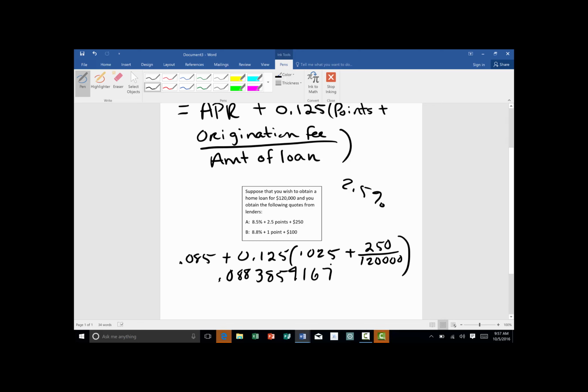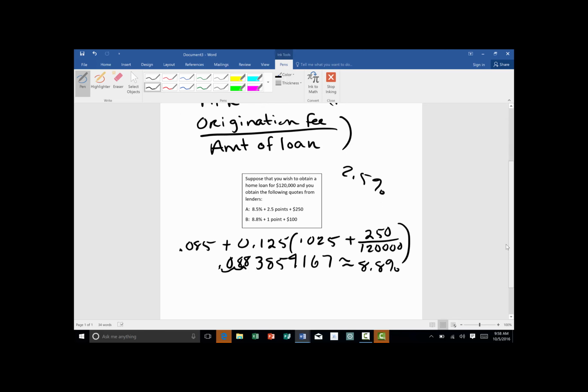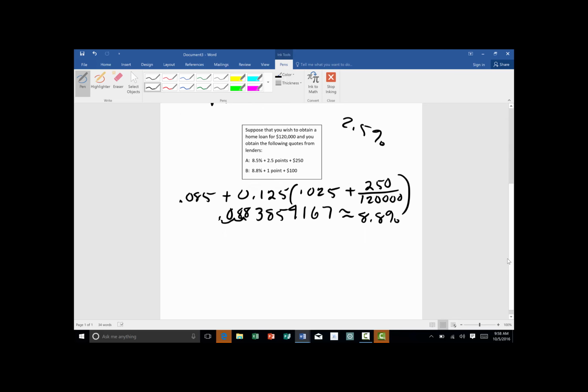Now, that's a decimal, and we want to make sure that we change it to a percent, so I'm going to move this 2 places. And I'm going to round to roughly 8.8%. So when you take into account the points and the origination fee, this first one is really 8.8%.